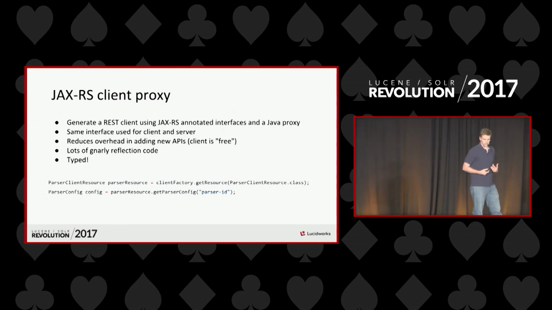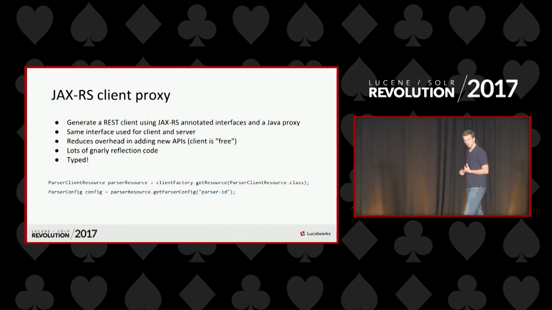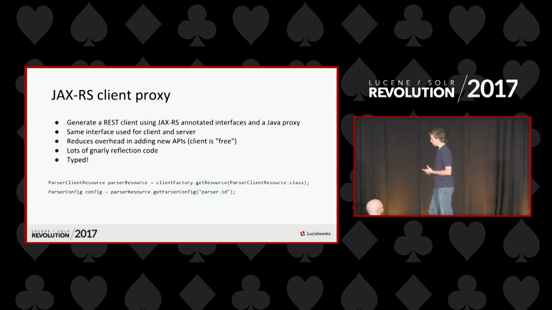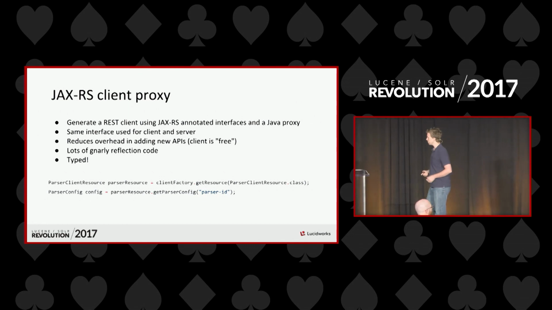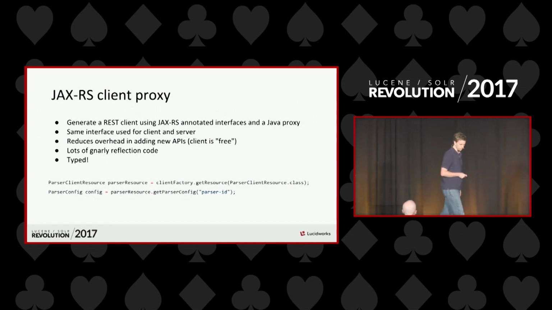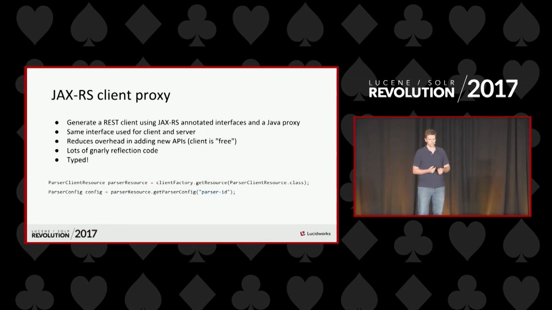Another thing we've done to help ourselves, this is really the theme of this talk, is this client proxy. What it is, basically, is a JAX-RS annotated interface, which you pass into this client factory down at the bottom, and it generates for you a full-fledged HTTP client.